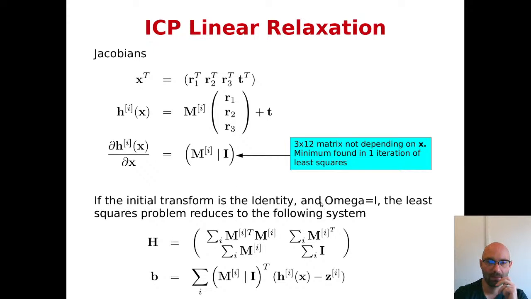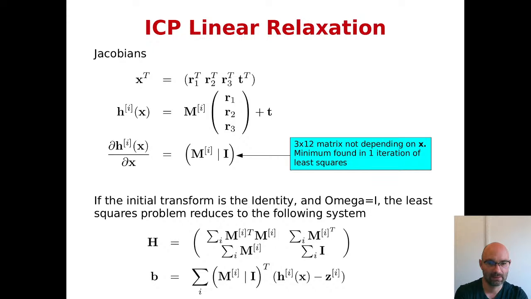Remember that in least squares you always refine a solution, right? But since we are casting a variation of ICP that converges in one iteration, the starting point is not relevant, and so we could choose as an initial transform just the identity.